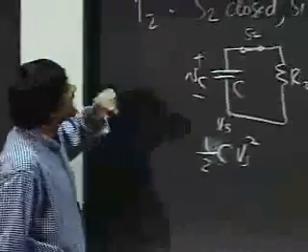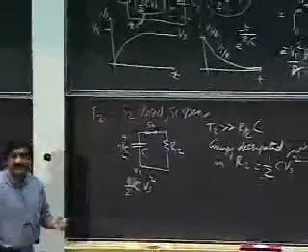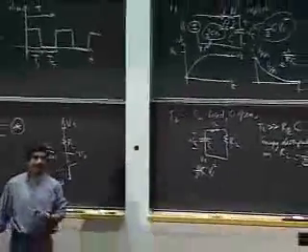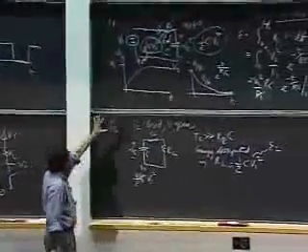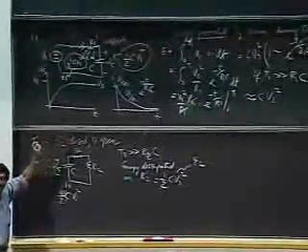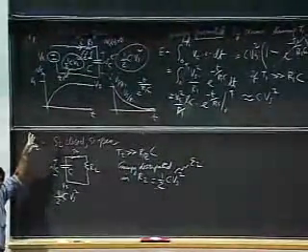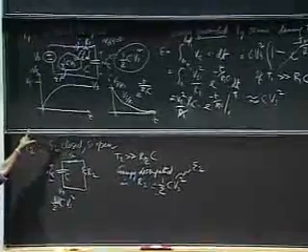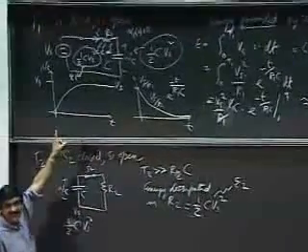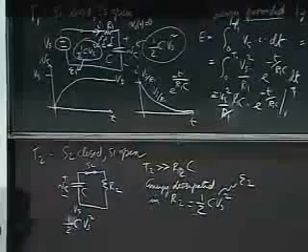A couple of interesting things to note at this point. One is that E1 and E2 are independent of R. If the time constant is small enough compared to the time that I charge the capacitor, then half the energy gets lost in the resistor, and that is simply half C Vs squared.